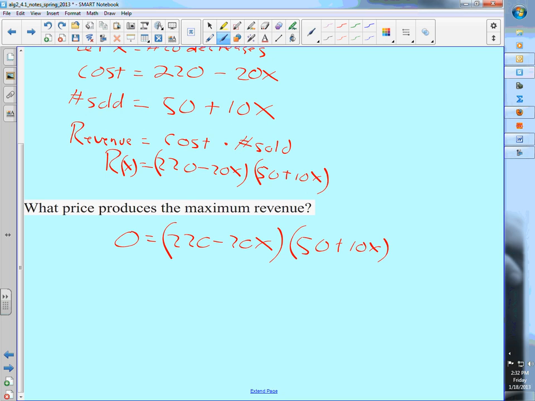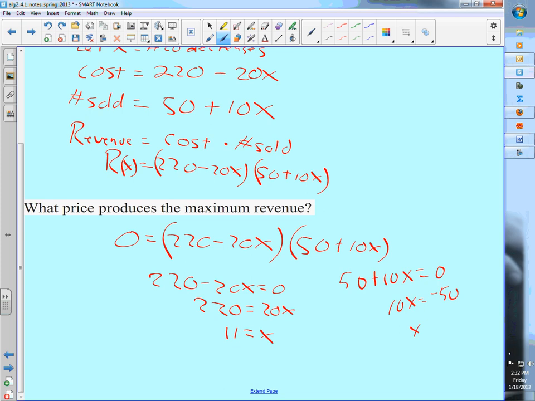This is back to Algebra 1. Something times something equals 0. Make them each equal to 0 and then solve. So 220 equals 20x, and you're going to get 11 equals x. Over here, 50 plus 10x equals 0, and you're going to get negative 5.